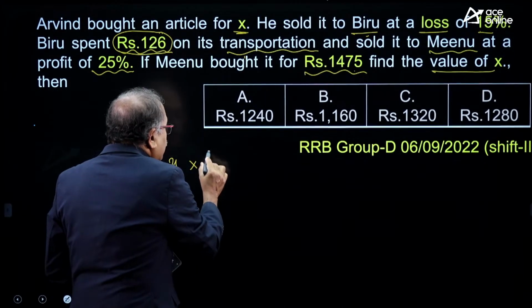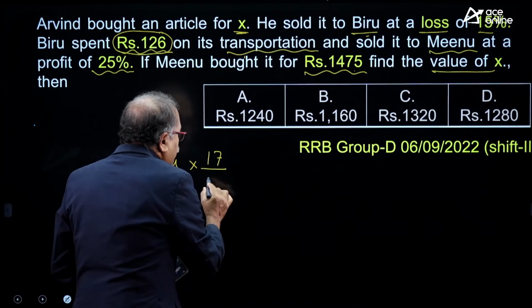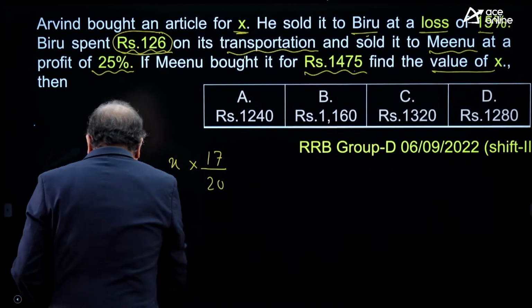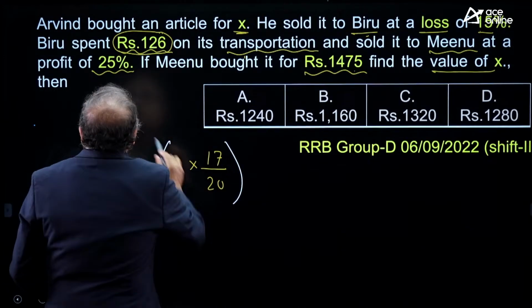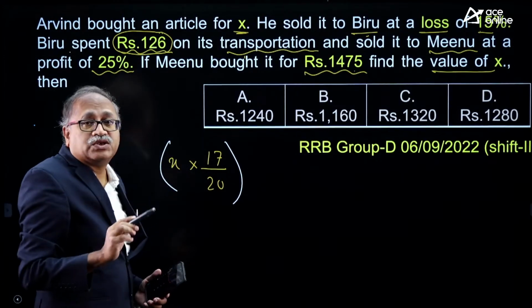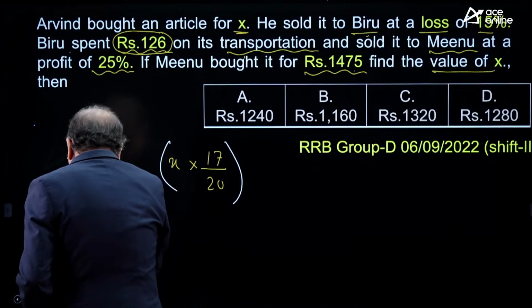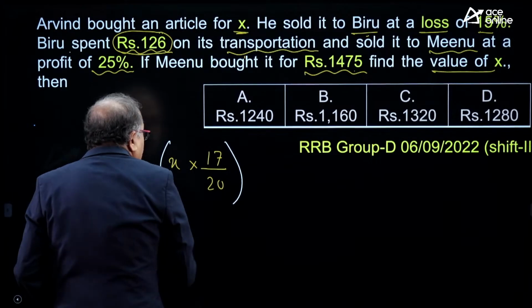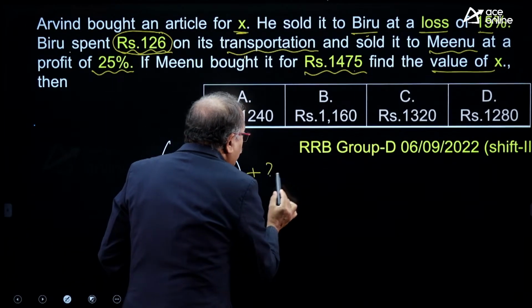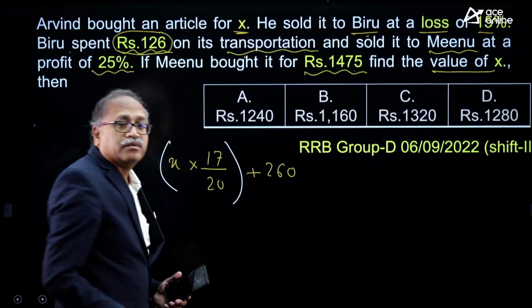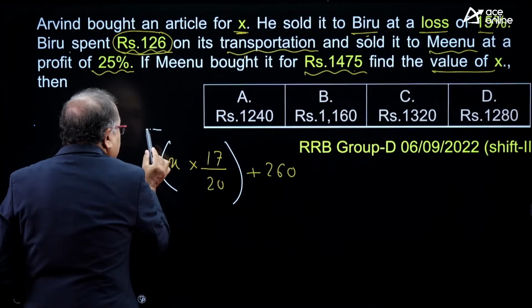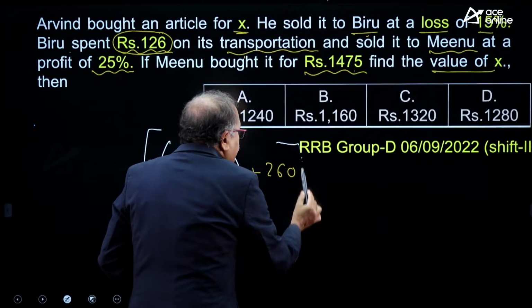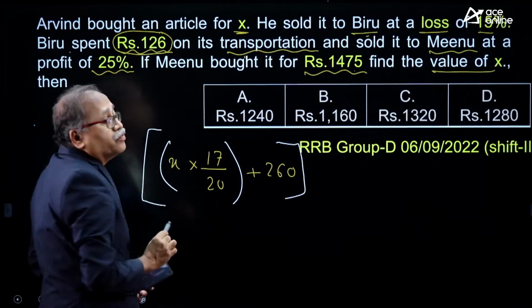So I will be writing here 17 by 20. This is the price Biru purchased at, and on that Biru spends how much?